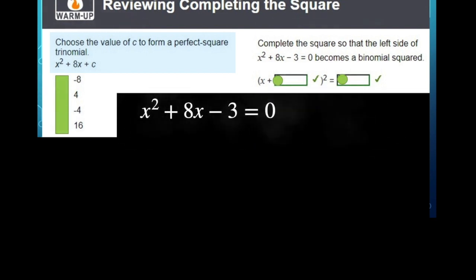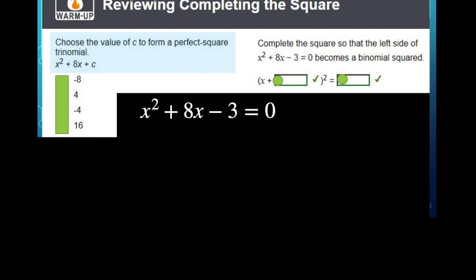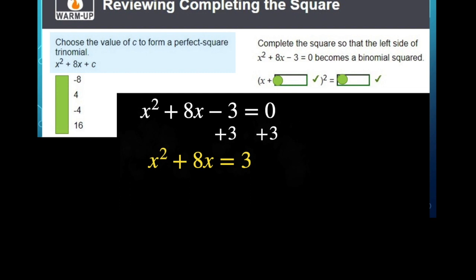So here's our original equation. I do not have a factorable trinomial on the left side of the equal sign there, so I need to do some clever mathematics here to complete the square, and I will start by adding 3 to both sides. That leaves me with that equation.